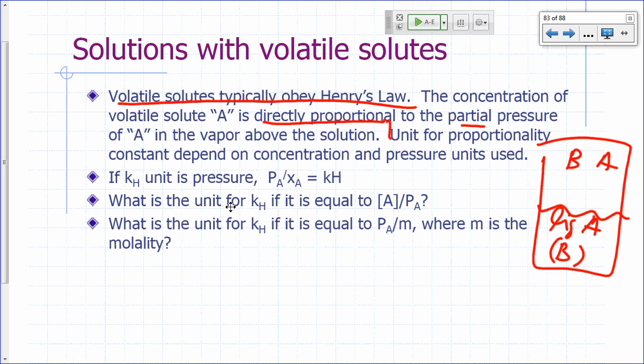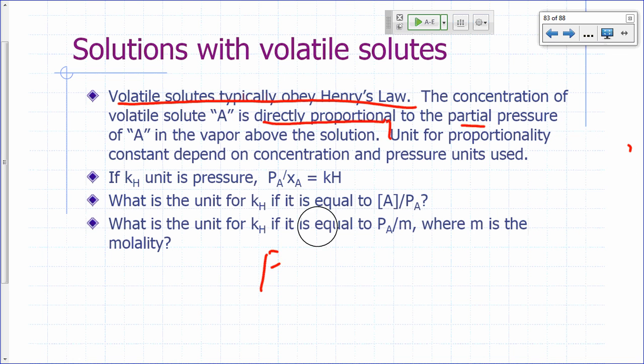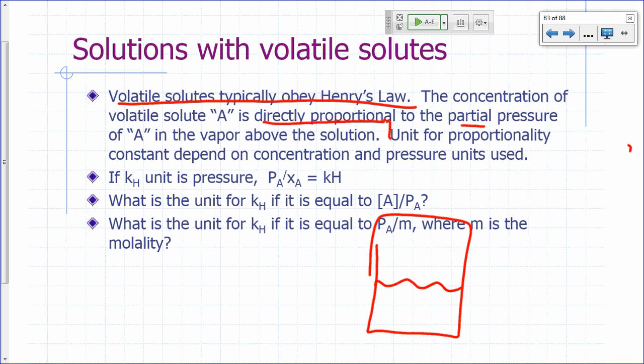Okay, the partial pressure of, let me change this up. Let me fix that up for consistency with what I have written here. Let's just say you have water, just to make things simple. Let's say you have water here and you have some A in water, and A happens to be a volatile solute.